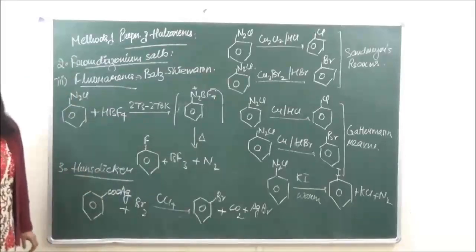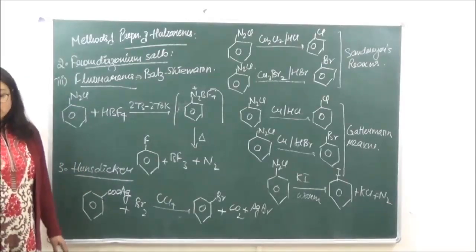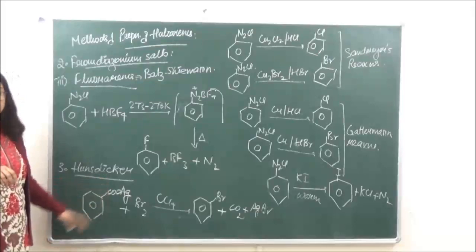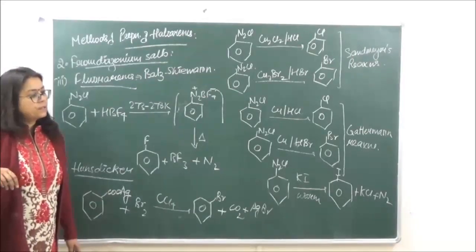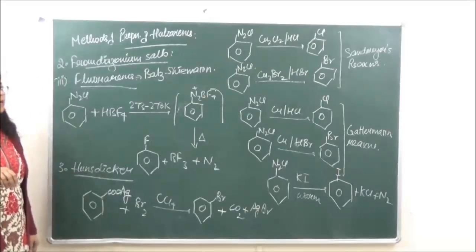This is the Hunsdiecker reaction. It is used only for the preparation of bromobenzenes; it cannot be used for others. So these are the methods of preparation.